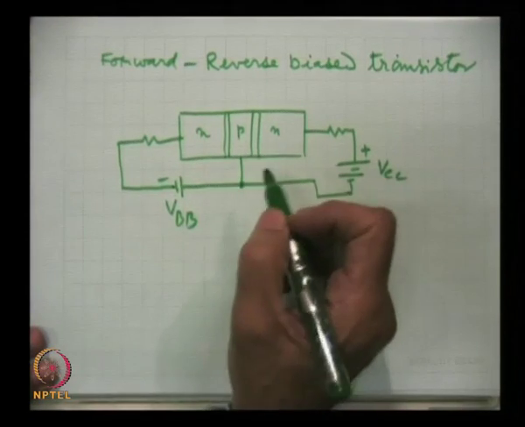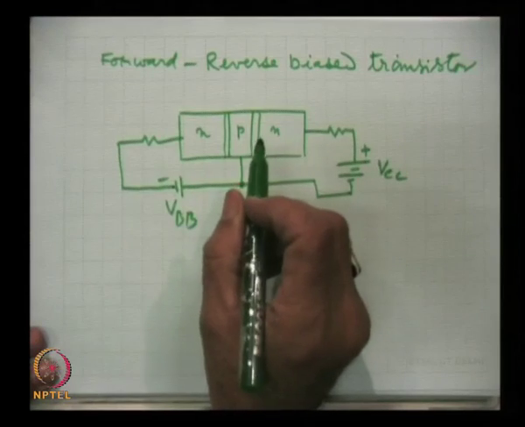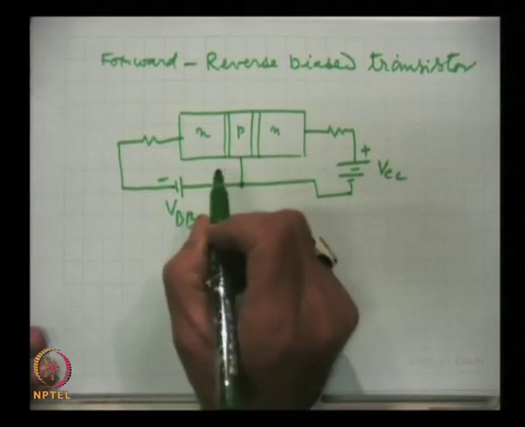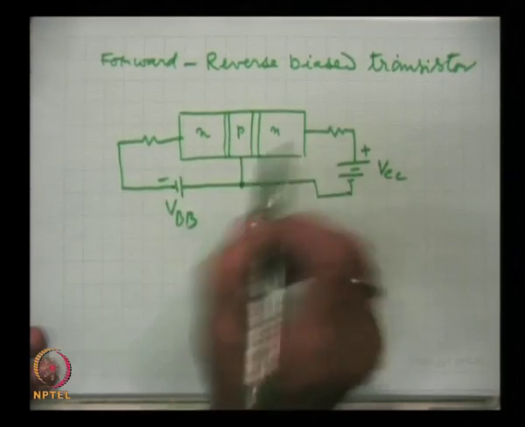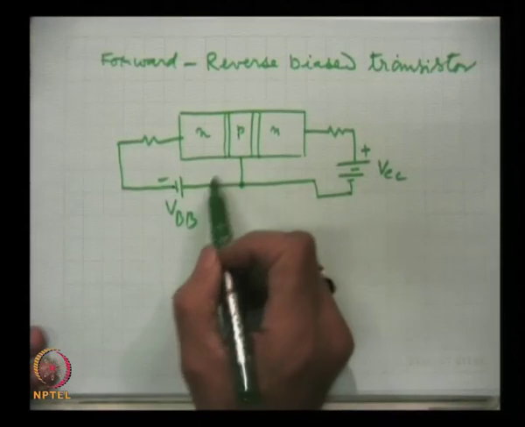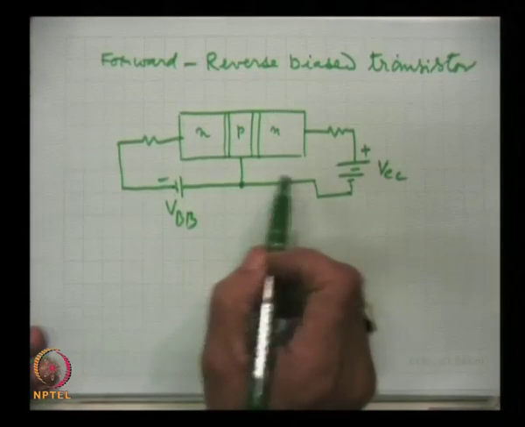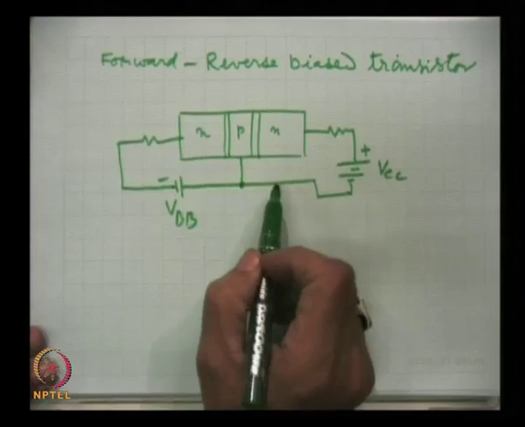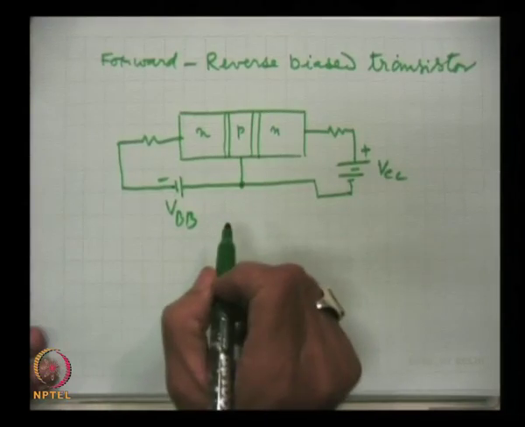Now, this is the most important biasing combination, when the emitter junction is forward biased and the collector junction is reverse biased. Here what we expect and what actually happens are entirely two different things, and that is behind what we call the transistor revolution.